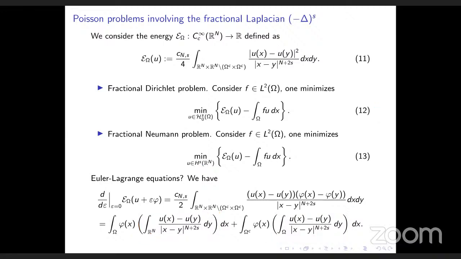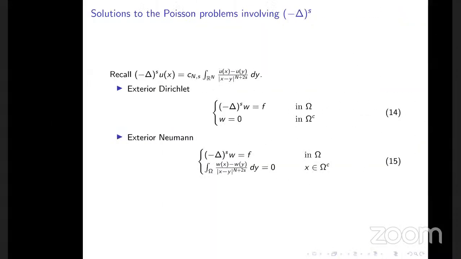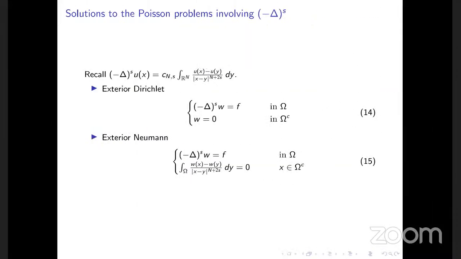And so the consequence of this is precisely that we have a Poisson problem which brings the Dirichlet energy.